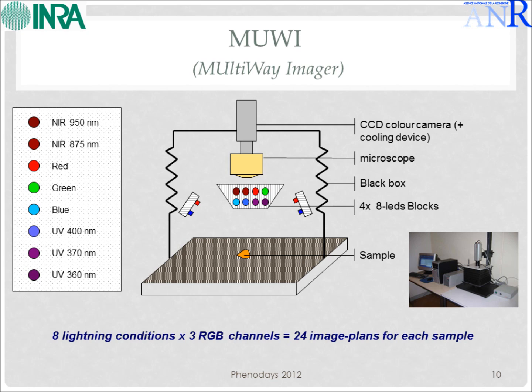As we have 8 wavelengths, and a CCD color camera, we have 8 lighting conditions and 3 RGB channels. So we obtain 24 plane images for each sample.